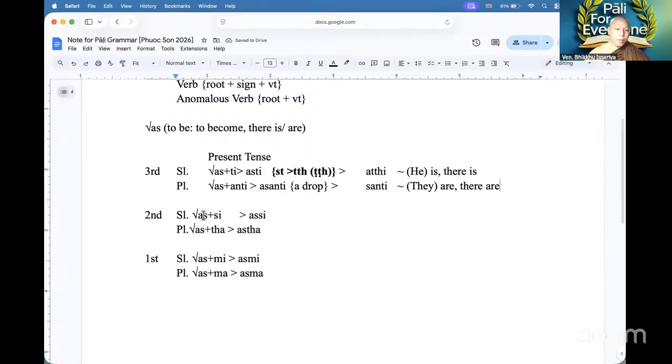But for the second person singular asi, actually it is available to be used, but not. So that is when sa is dropped. So that is when we have just asi. So that is just you are, singular.